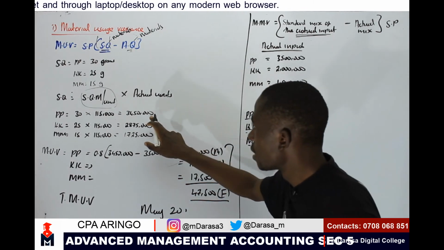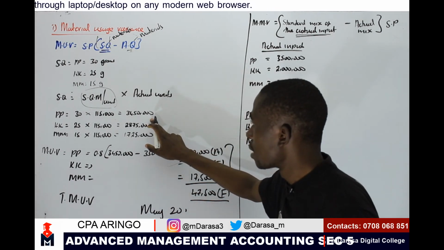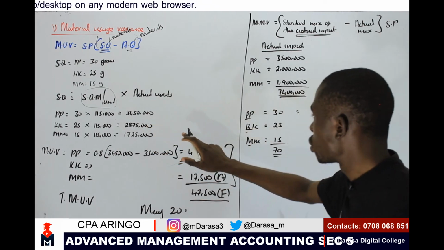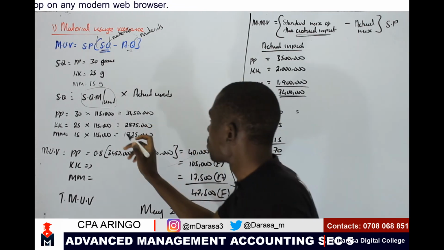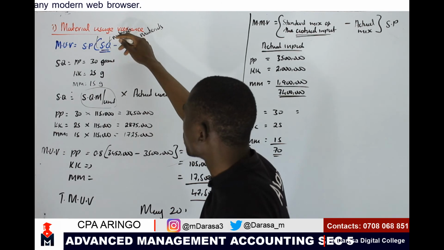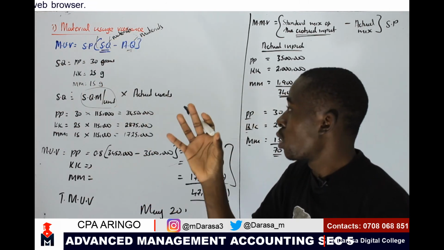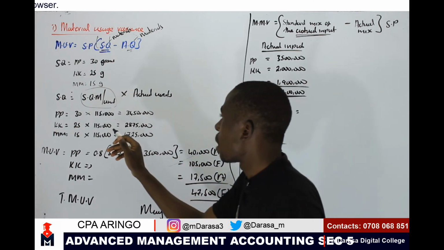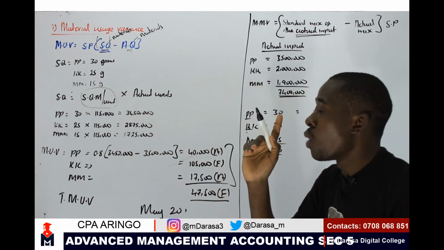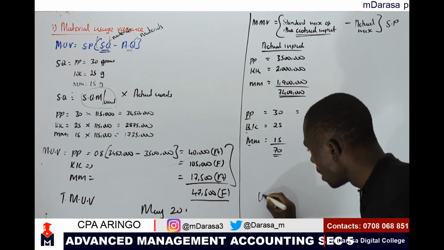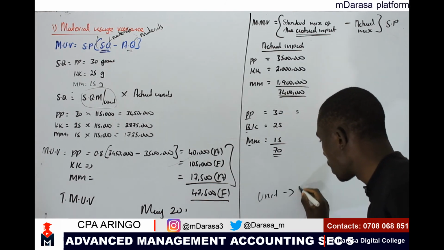Gani hii? Are we using that? Remember, in this case, this was what I used entirely, the total that you used to produce the total units. But this time round, I'm looking at what I used to produce 1 unit. Because if you are able to understand unit, this is a final product.